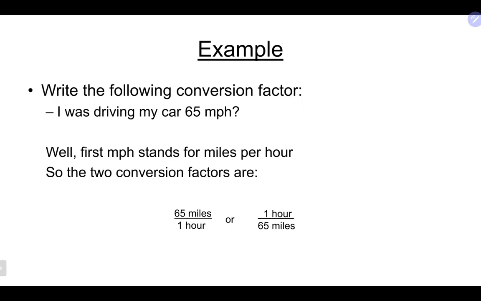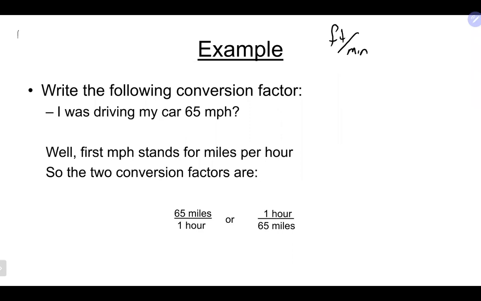So we can change these things. So for example, we want to know how many feet per minute that was. So we started with 65 miles per hour and we want to get to feet per minute. We want to think about some conversions that will allow us to convert 2 units.